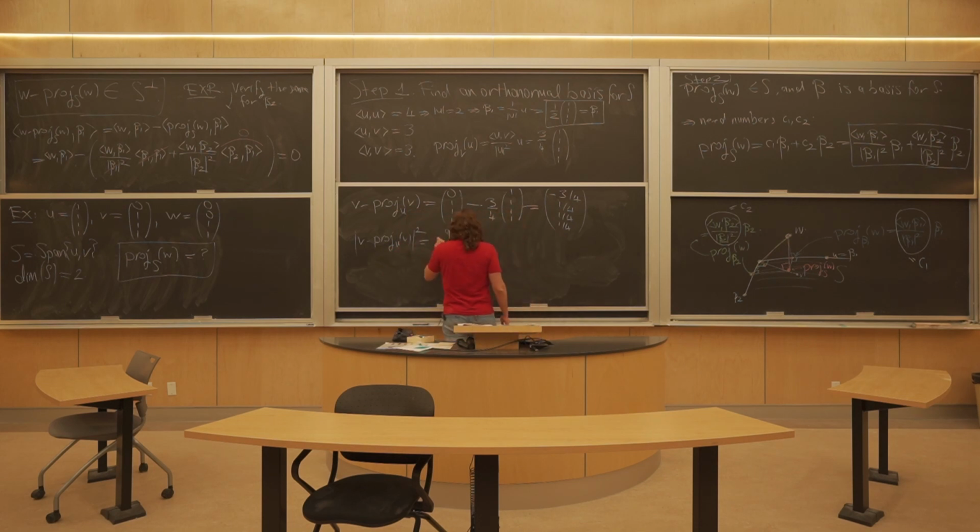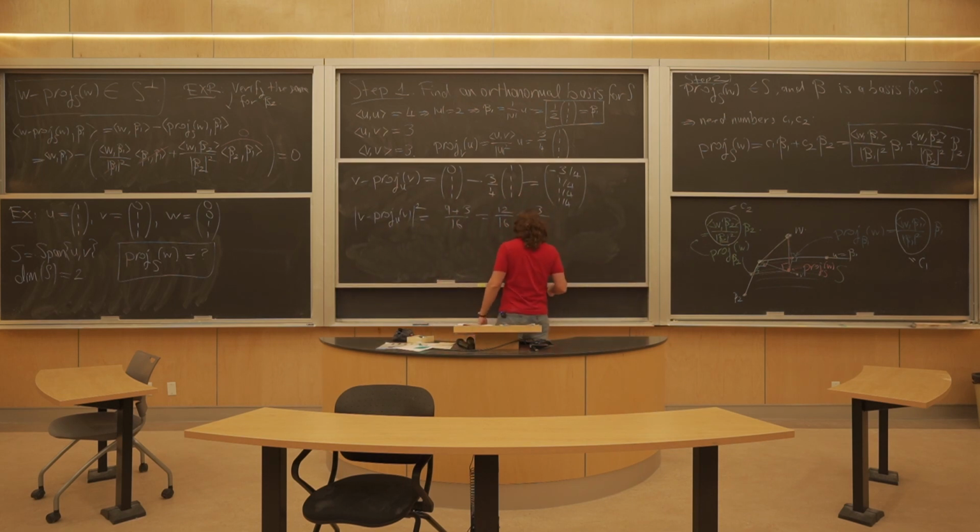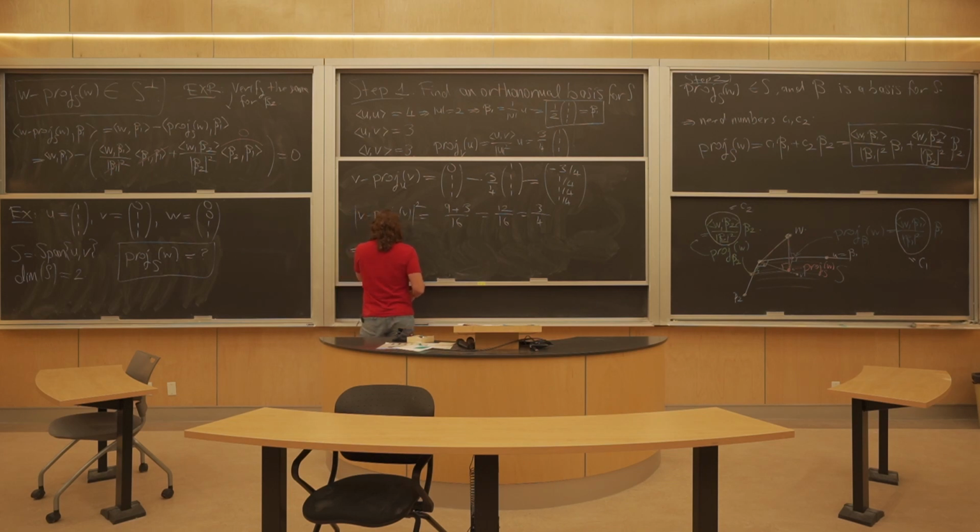That gives me 9 plus 3 divided by 16. So that's 12 over 16, which is 3 over 4. This computed the norm squared. So for the norm, I need to take the square root. So that gives me root 3 over 2.